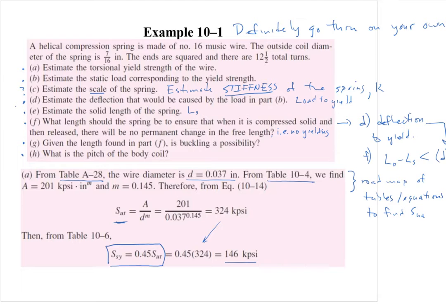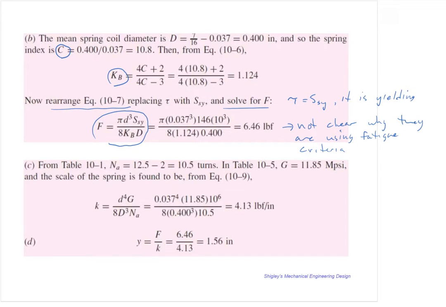Nowhere in this problem statement does it say that this thing's under a fatigue condition, that it sees a lot of cycles. Obviously, a lot of springs see a lot of cycles, but not necessarily. So it seems like in the absence of information, they're taking a worst case scenario and assuming that it's going to fail in fatigue.